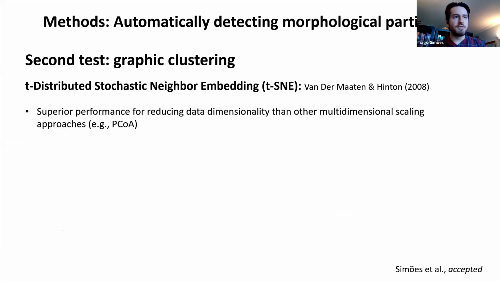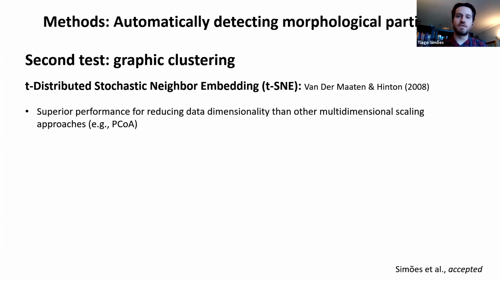I also used a second test to verify the first one in terms of the configuration of those partitions. In this case it's a method called t-SNE, which is similar to multidimensional scaling, but it's a more recent development and has been assessed to be superior to traditional multidimensional scaling.